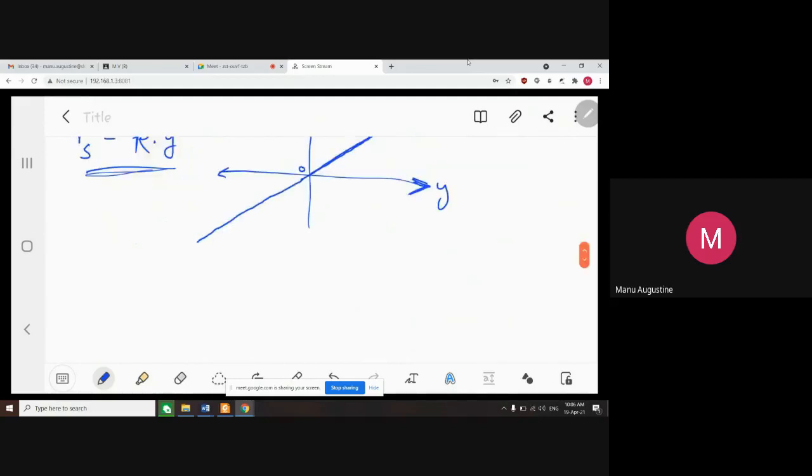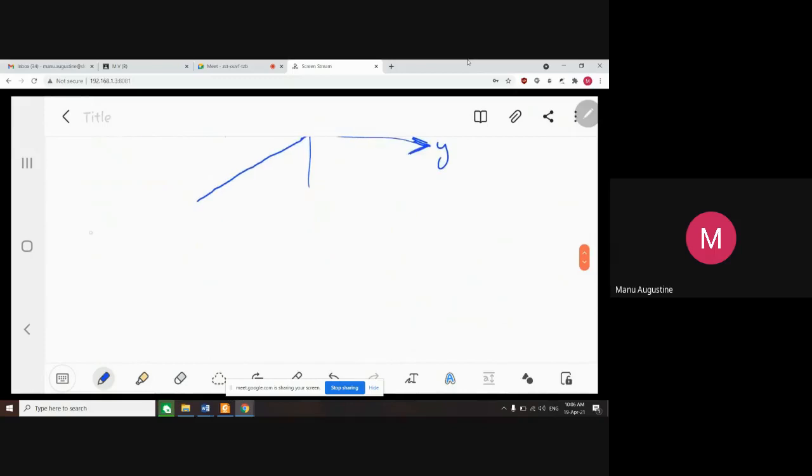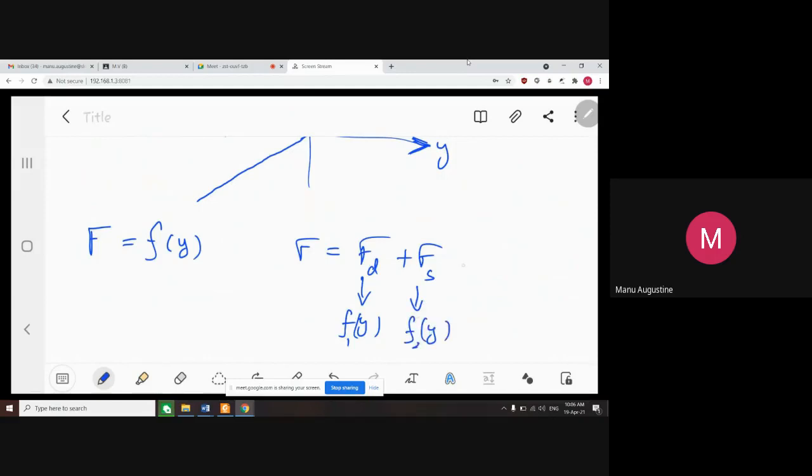Now, I am interested in plotting the graph of the overall F as a function of y. Obviously, we know that F is nothing but the simple sum of Fd and Fs. And since Fd is also a function of y and Fs is also a function of y, it is 100% imperative that we can say that F will also be a function of y.